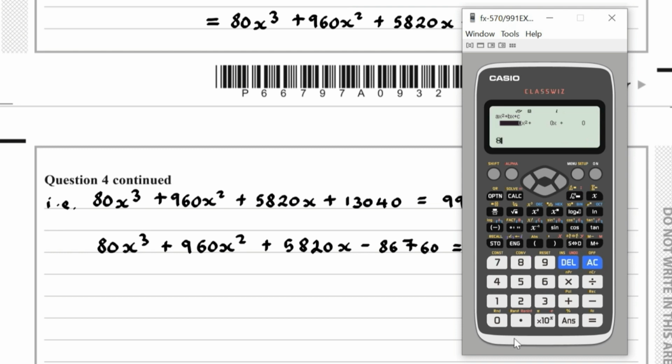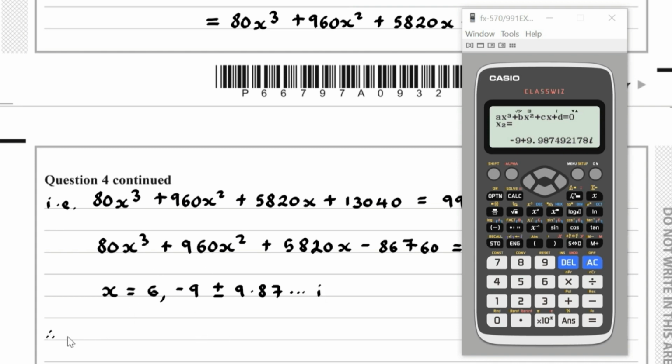So we've got 80x cubed, 960x squared, 5820x minus 86760. It turns out we get x is either equal to 6 or minus 9 plus or minus 9.87 etc. i.